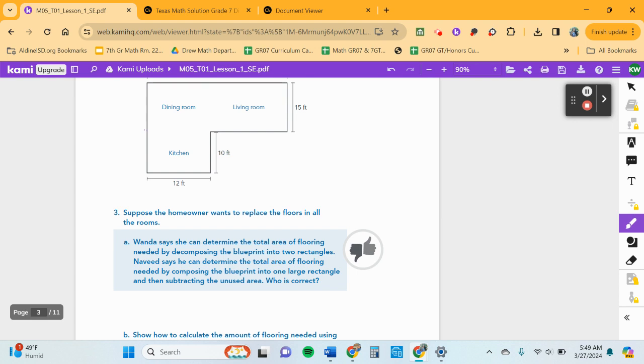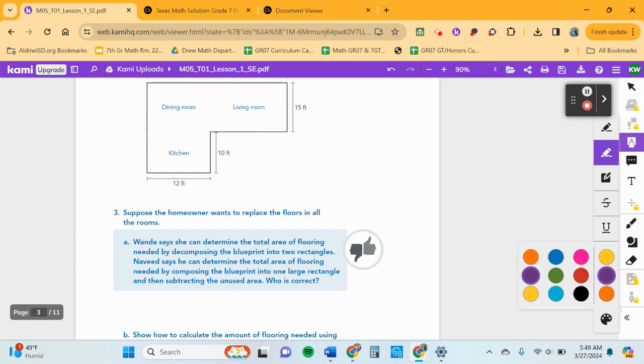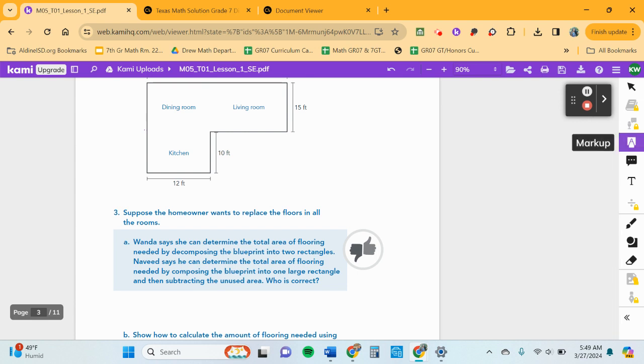Who is correct? Before we answer anything, I want you to take a moment and think about who might be correct, because in a second, you're going to be discussing with a partner. So again, Wanda says that she can determine the area by decomposing the blueprint, so taking it apart, and she's going to form two rectangles.